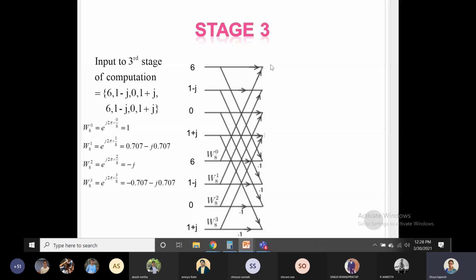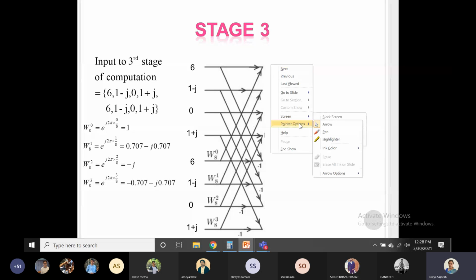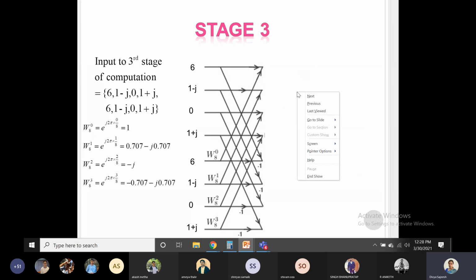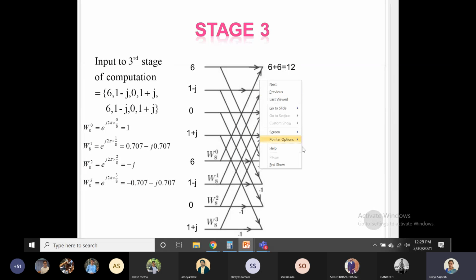Now you have to calculate the output of each. So here 6 will be coming as it is. So the first element is 6. Now what is the next element? Here 6 will be multiplied with 1, so 6 into 1 is 6 itself. So 6 plus 6, which is equal to 12. Now what is the next element? 1 minus j will be coming to this.